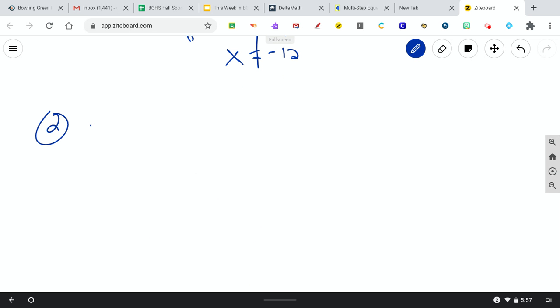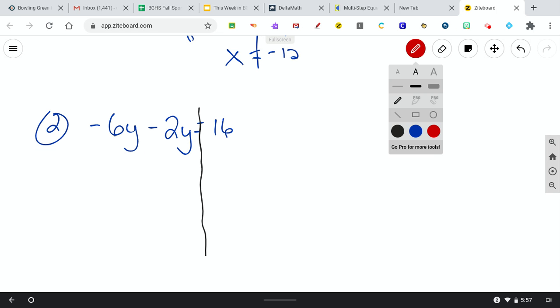Example number 2. I've got negative 6y minus 2y equals 16. And again, we're going to draw our line. When we draw our line, that divides our problem up. So let's look and see what we have. And notice that we have a term of 6y and 2y on the same side of the line.